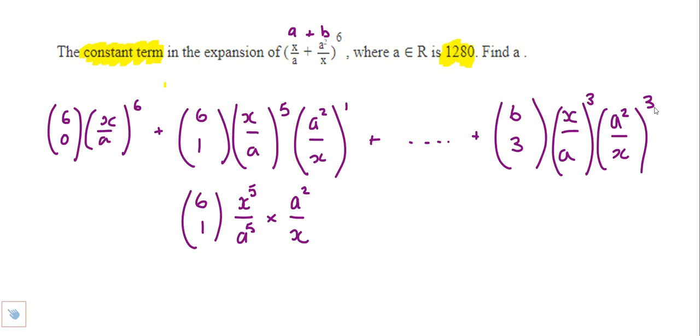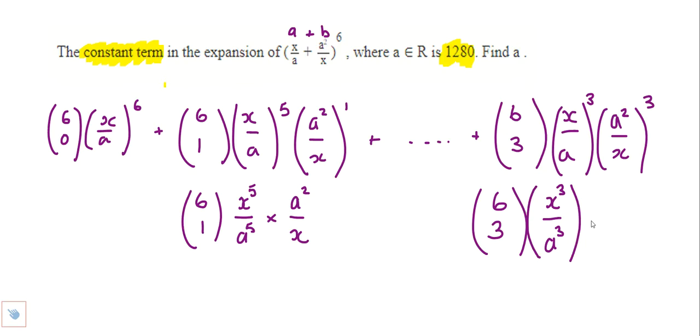Right? So now my expansion would be 6, 3, then I've got x to the power of 3 over a to the power of 3, right, times a to the power of 6 over x to the power of 3.